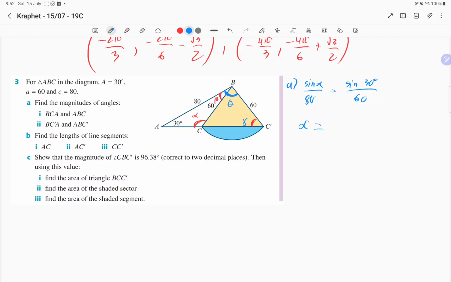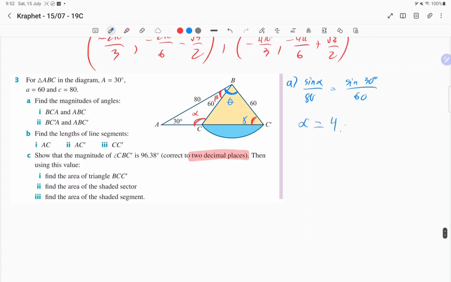So punch it into the calculator if you're working through this at home, and make sure you're in degree mode. 80 sine 30 over 60. And if they're asking for two decimal places, check how many decimal places they want. If they want 2, you need to start with 4.